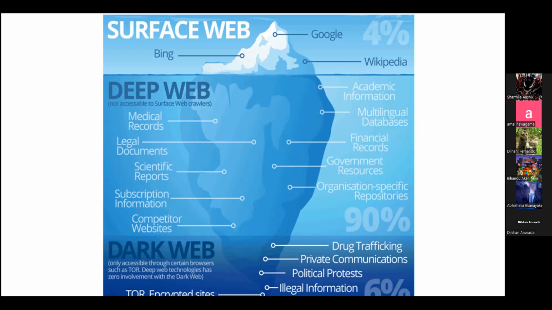Now, deep doesn't necessarily mean that it's inaccessible and locked away in some secret location. It means that you need authentication in order to access that information. Think about it. If you want to access Wikipedia, you can just type whatever you want into the search and access that information, no problem.